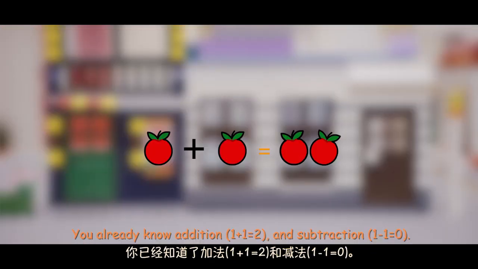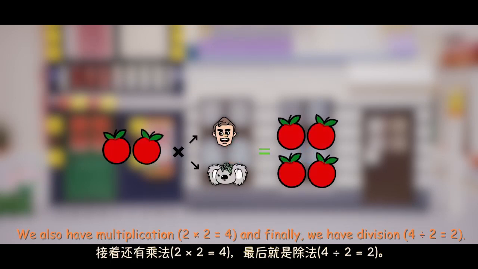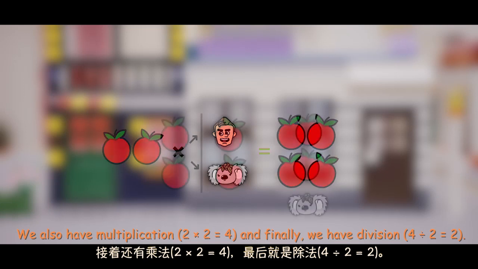Remember, it is one of 4 basic mathematical operations. You already know addition. 1 plus 1 equals 2. And subtraction. 1 minus 1 equals 0. We also have multiplication. 2 times 2 equals 4.